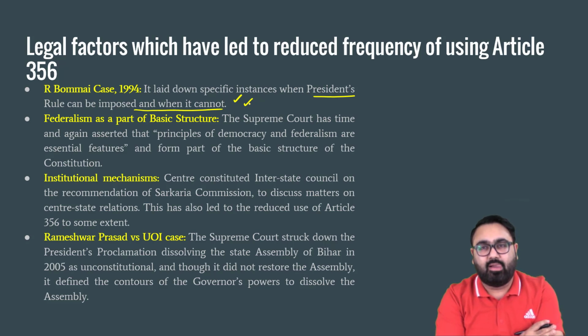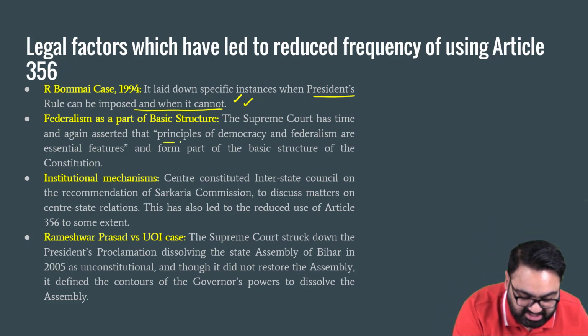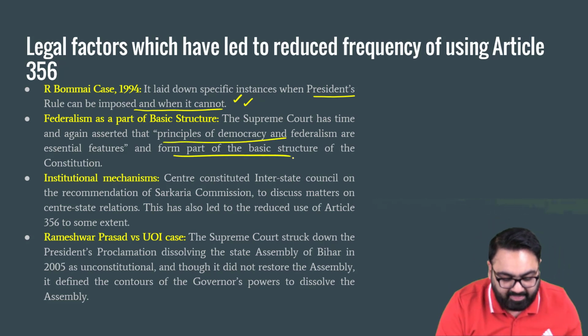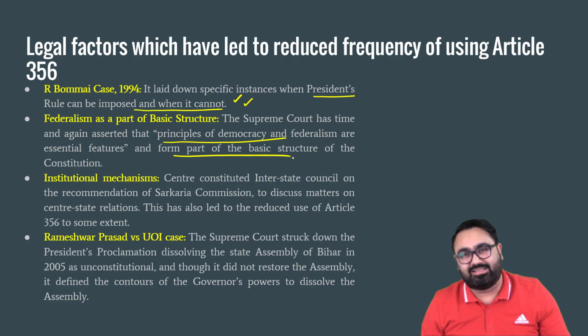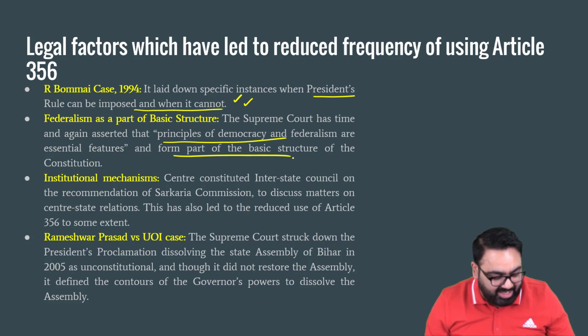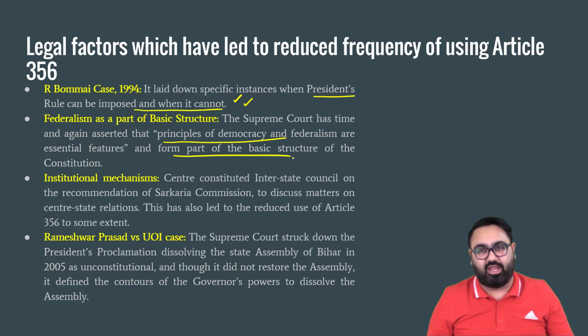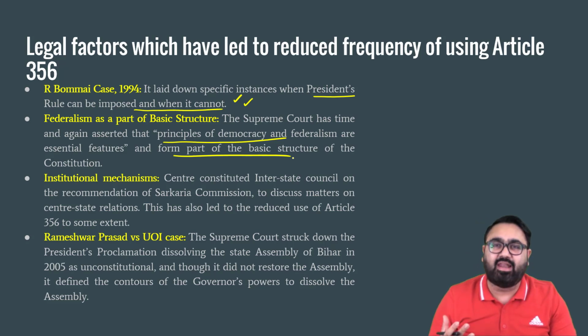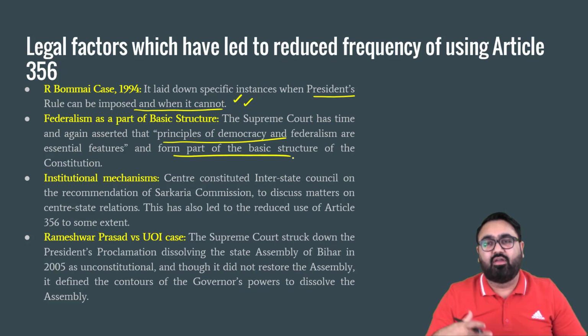The Supreme Court, in fact, in the 1990s also regarded federalism as a part of the basic structure. The basic structure doctrine came up in 1973, but as you know, the court has expanded it from time to time. From time to time, new things have been added. Thus, the Supreme Court has added federalism to the basic structure.